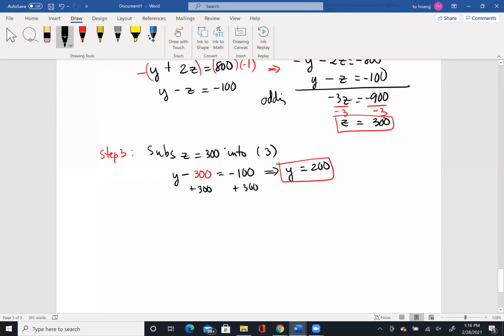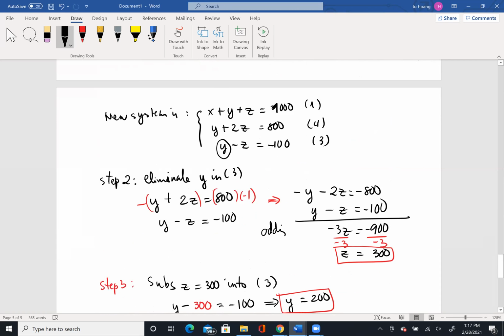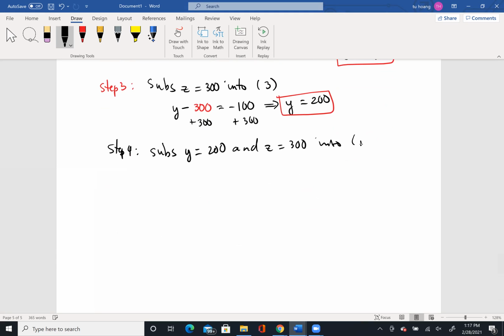So then you're going to move to step number 4, which is the final step, right? You're going to substitute y equal to 200 and z equal to 300 into equation 1.